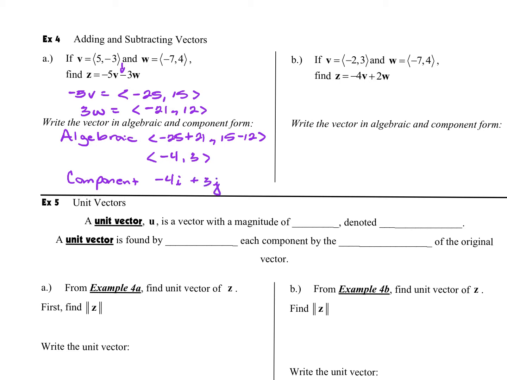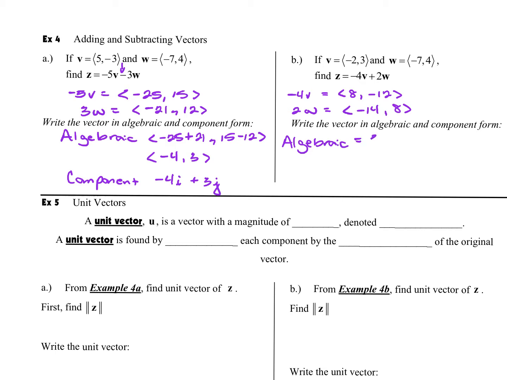Okay? So we can repeat that process over here on part B. I personally like to write out this negative 4v vector first, and that's going to give me an 8 and a negative 12. And then I like to write out the 2w, and that's going to give me a negative 14 and an 8. All right, now to do the algebraic vector, and you've got to be comfortable with both forms.